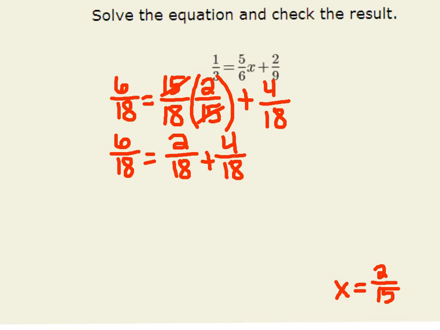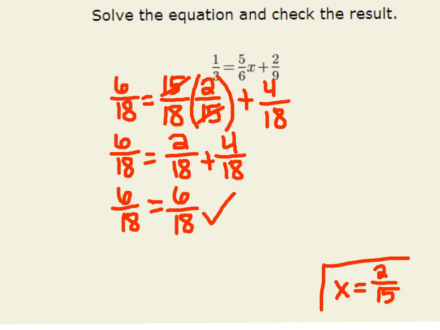I was going to subtract this 2/18 over to this side, but we can just add these right across here, so we get 6/18 equals 2/18 plus 4 more 18s will give us 6/18. That worked out much nicer. So our answer does indeed check out because we get that 6/18 does in fact equal 6/18. So our final answer is x equals 2/15.